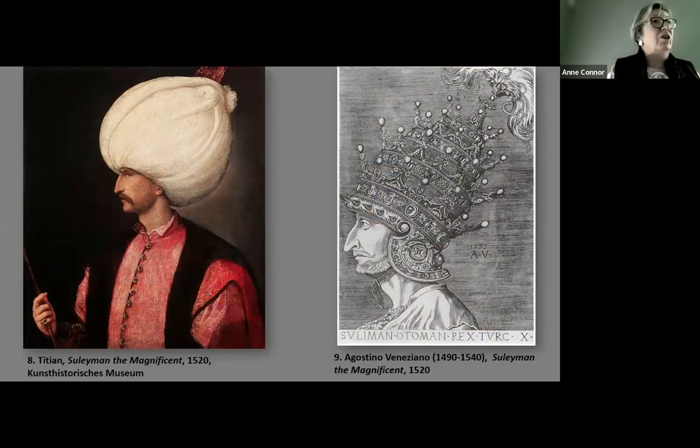Just a little later on, we have by Titian, the portrait of Suleiman the Magnificent with an even larger turban. And by Agostino Veneziano, same year, another work, this is an engraving, of Suleiman the Magnificent wearing his tiara.